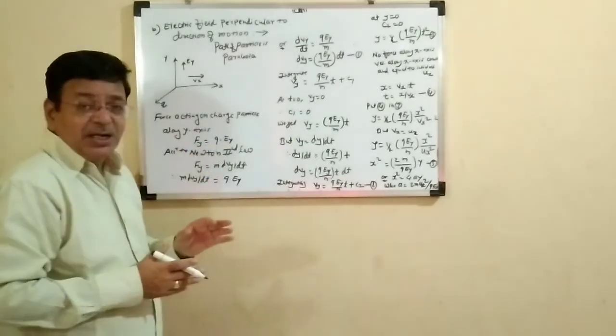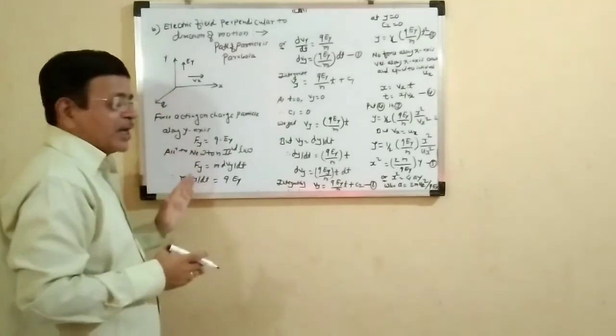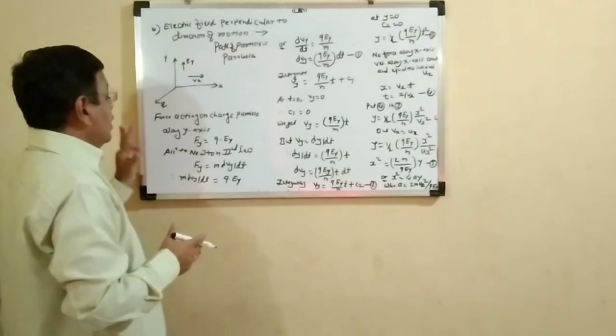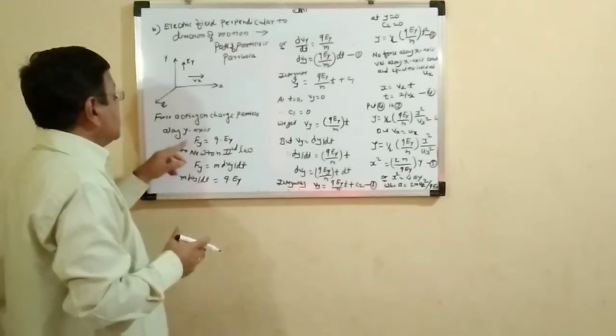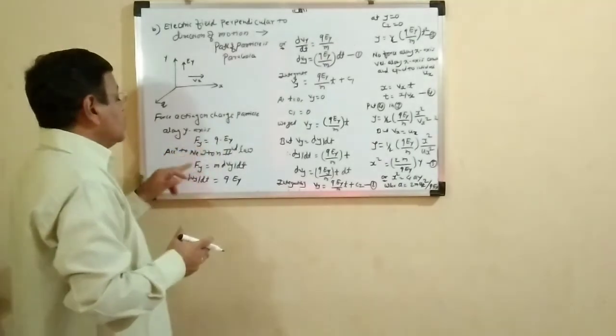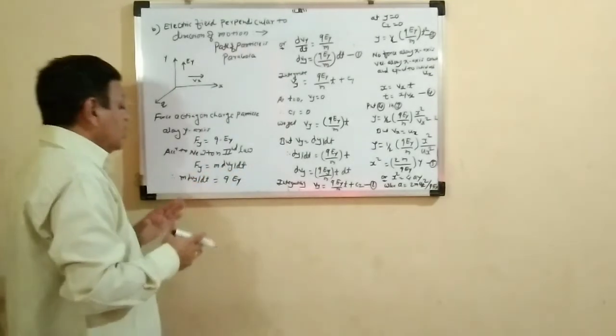What is Ey? The electric field along the y-axis. What is Fy? The force acting along the y-axis. We know very well that the force due to the electric charge is q into Ey, and by Newton's second law it is m into dv by dt.